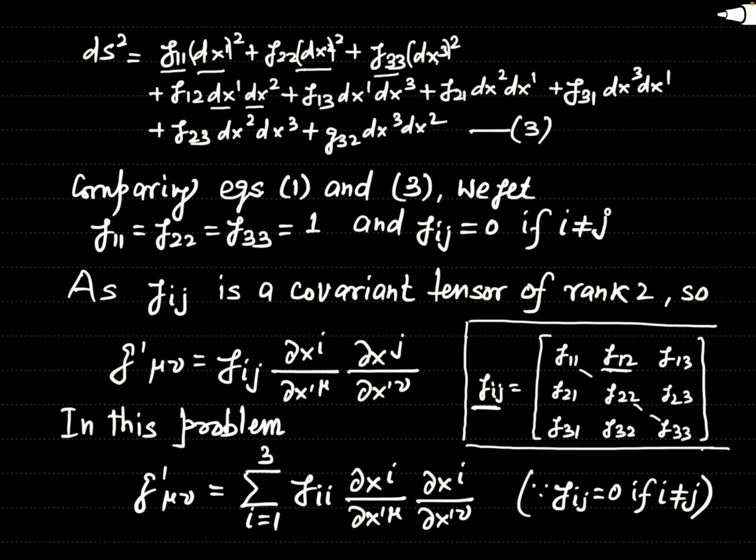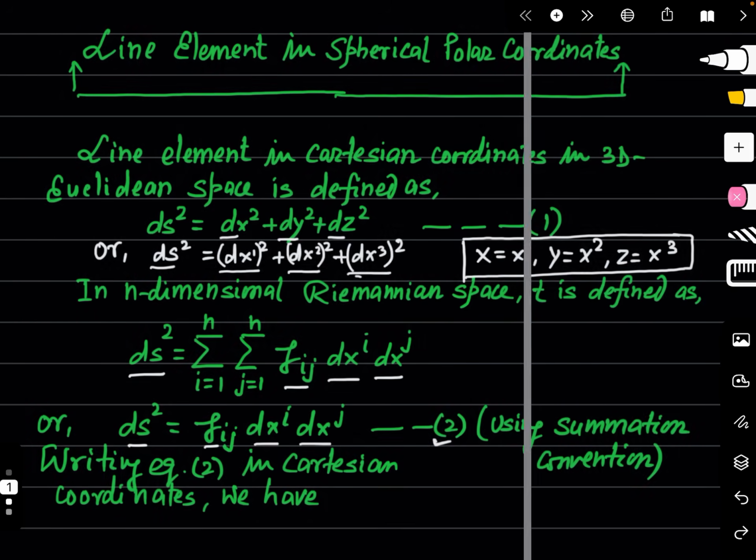Now we will compare this equation number 3 to equation 1 in Cartesian coordinates. You can see in equation 1, in the RHS, there is only dx1 square plus dx2 square plus dx3 square. It means only the terms containing i and j equal are non-zero, and all other terms in which i and j are different are not present in equation 1.